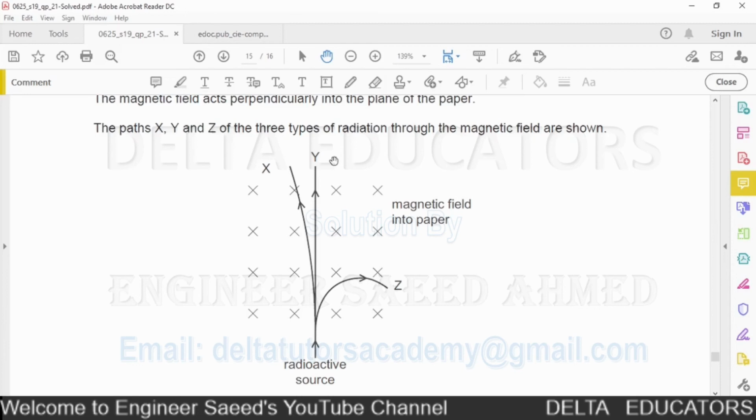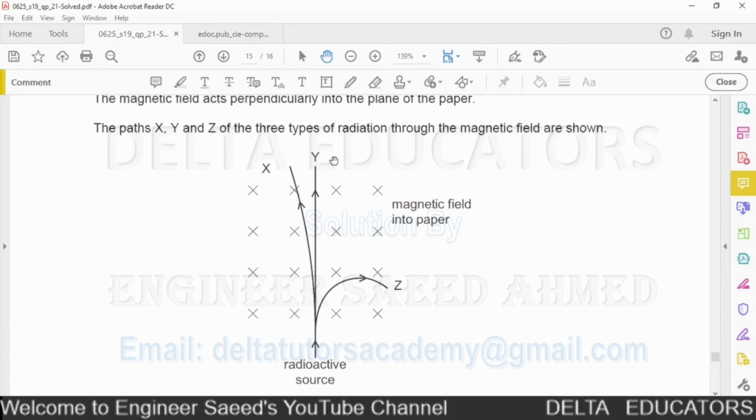Now the mass of an alpha particle is equal to the mass of a helium nucleus whereas the mass of a beta particle is equal to the mass of an electron. Since the mass of an electron is much less compared to the mass of a helium nucleus, we can say the mass of a beta particle is much less compared to an alpha particle. Since the mass of a beta particle is much less, it will be deflected more because it has less momentum compared to an alpha particle.